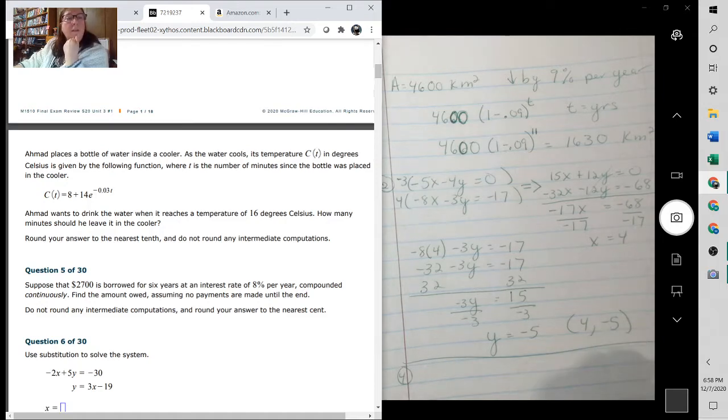A mod places a bottle of water inside a cooler. As the water cools, the temperature in degrees Celsius is given by the following function, where T is the number of minutes since the bottle was placed in the cooler.